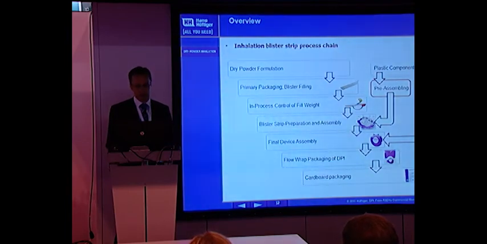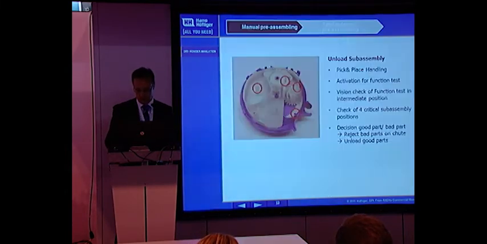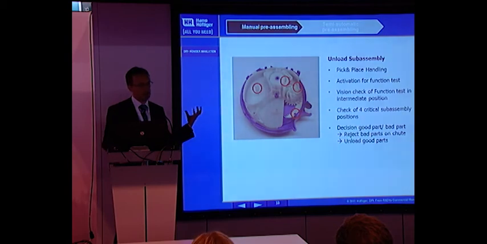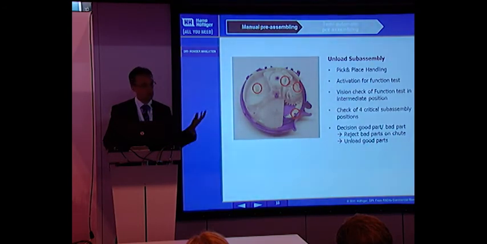You need to think about pre-assembling, and pre-assembly is just taking the components coming out of the mold, the plastic components. Here, of course, the device itself has some pitfalls in it, and when you do assembly, you can do it manually. However, you need to consider there are critical areas in the device, and certainly if you don't take care for these critical areas, your device might fail also.